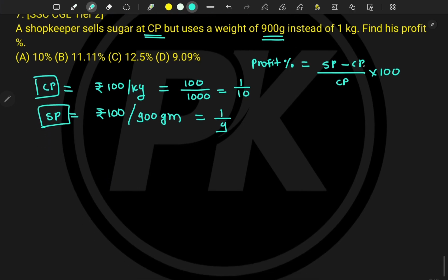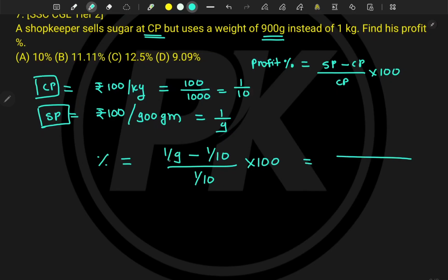Now you have selling price and cost price. Just find out the percentage profit. So that will be equal to what? Selling price is 1 by 9 minus cost price, which is 1 by 10, again divided by cost price, 1 by 10, into 100. Just solve this. Let's consider the LCM of 9 and 10, which is 90. Or, if you want to do cross multiplication, that is also fine. So here let's do the cross multiplication.